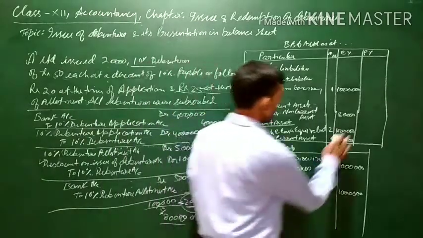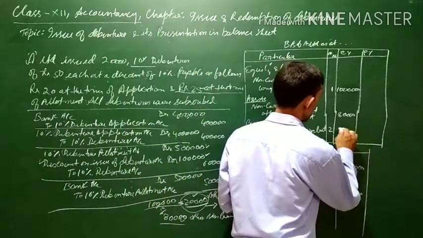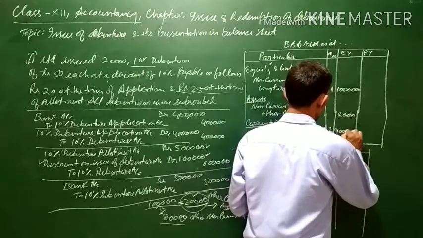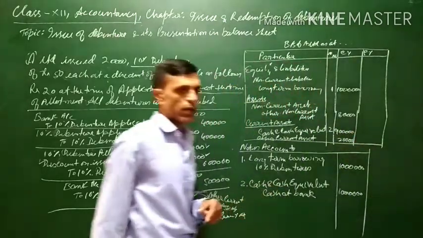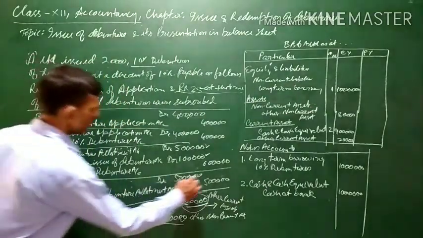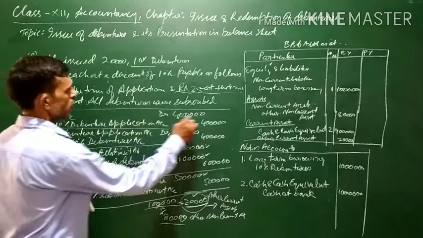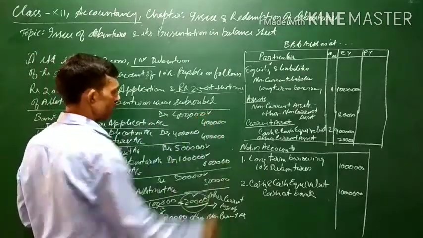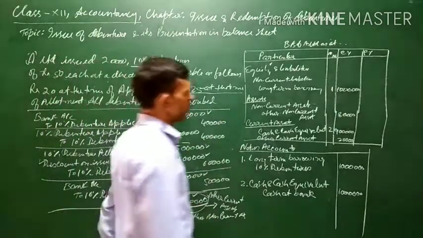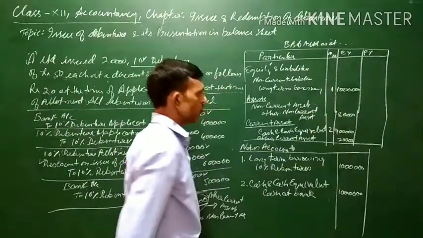Now cash and cash equivalent will have a lesser balance, of rupees 9 lakh only, because 1 lakh is the discount which has been provided. We received 5 lakh, and then in the first installment 4 lakh, total 9 lakh, only the bank balance. So now there will be some differences.